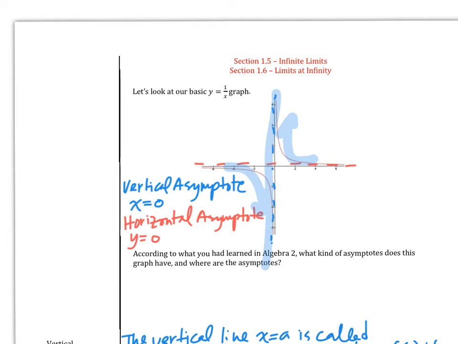Either it goes up to infinity or it goes down to negative infinity. So what we want to do is write a limit notation that represents that, saying that when x is going to a certain number, the two sides of that graph are going to infinity or negative infinity.